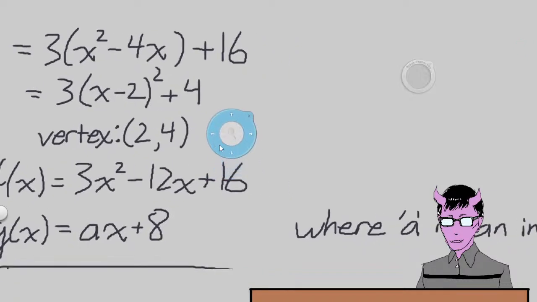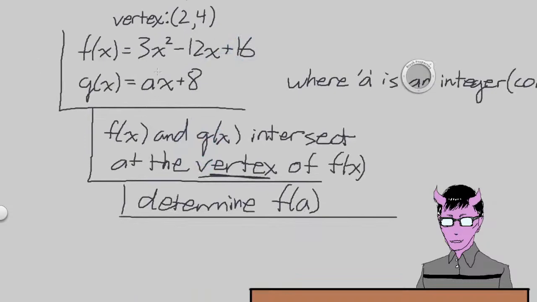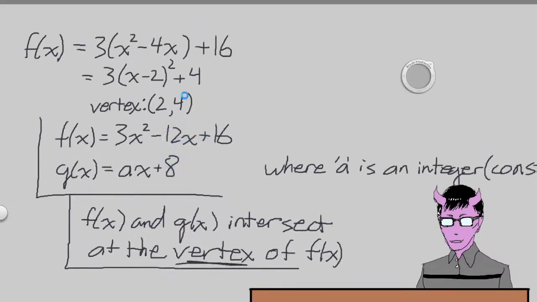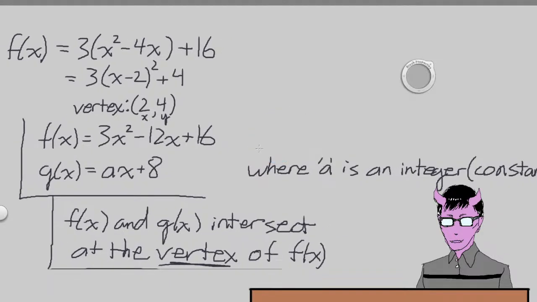Alright. So that's that, and we are told that this linear function intersects f of x at this location, which means that if x is 2, then y value is 4 for that particular function. So let's just plug it in. So plug in y value is going to be 4, and then x value has to be 2. And let me just color code that just for visual clarity.